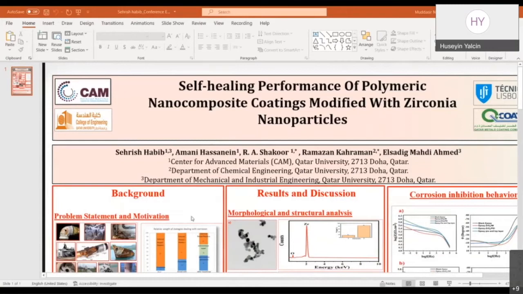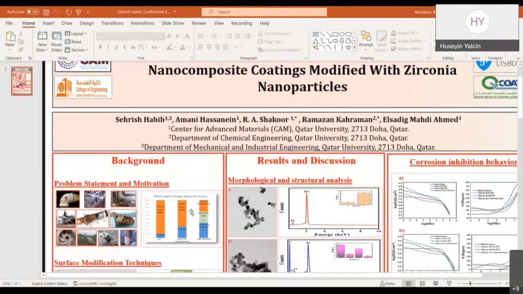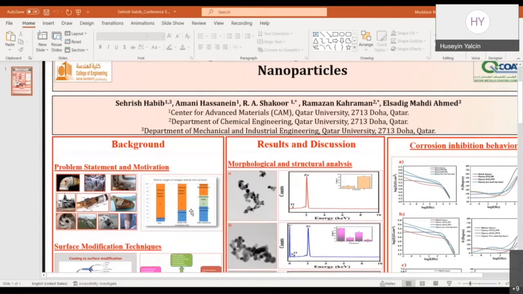So, starting from the background, what was the motivation behind this work? As we all know, corrosion has been proclaimed as one of the most destructive phenomena, which not only results in economic loss, but is also life-threatening. It can cause massive economic and environmental problems.